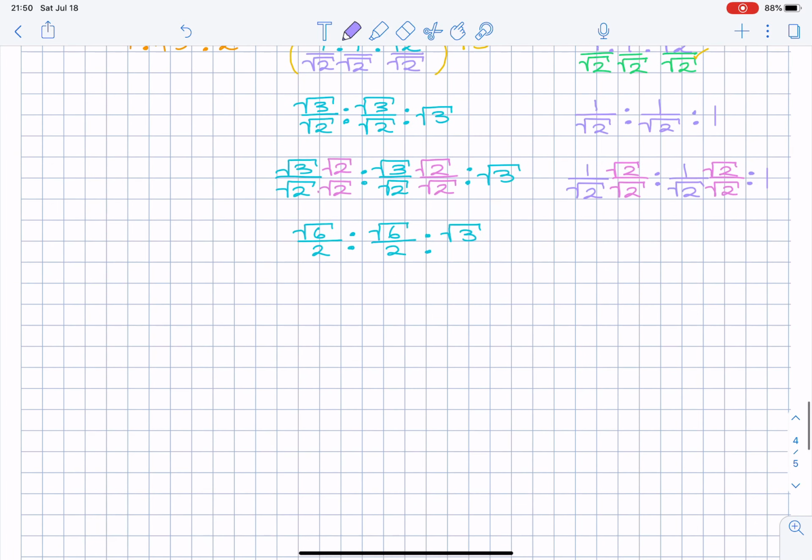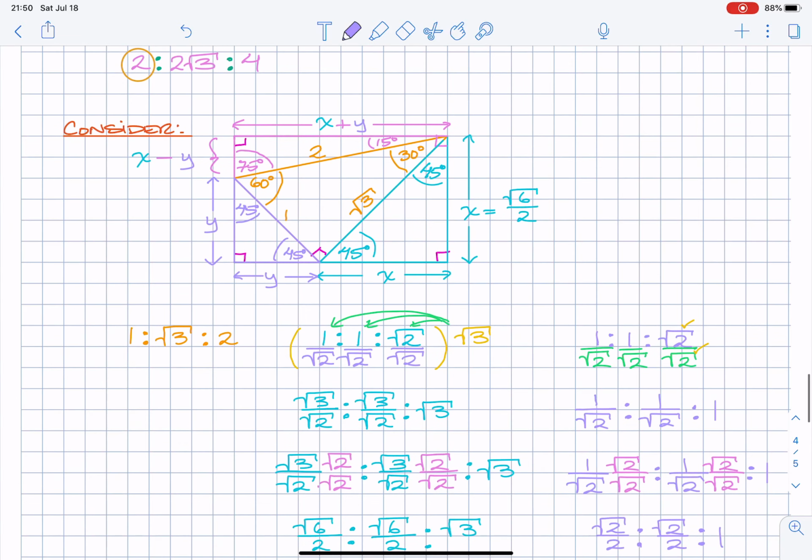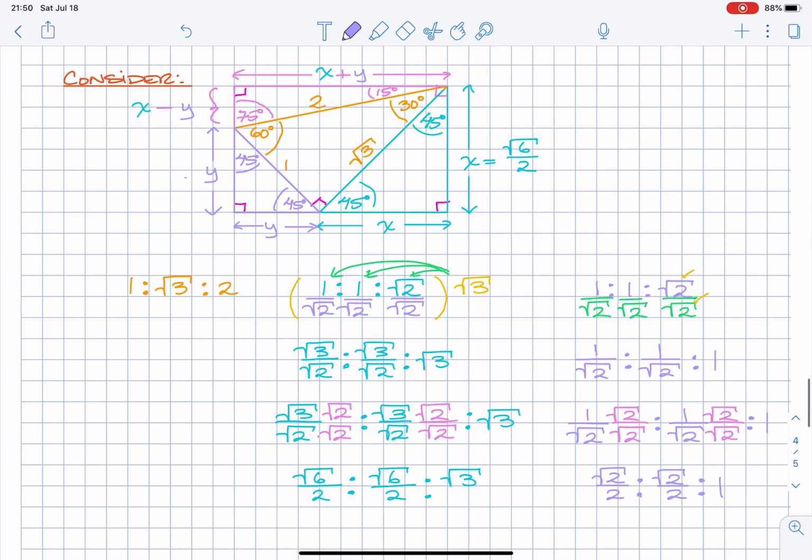Okay, so that gives us the square root of 2 over 2 to the square root of 2 over 2 to 1. Okay, I think we now have what y is. Y is the square root of 2 over 2. Okay, so now let's find out what x plus y and x minus y are.